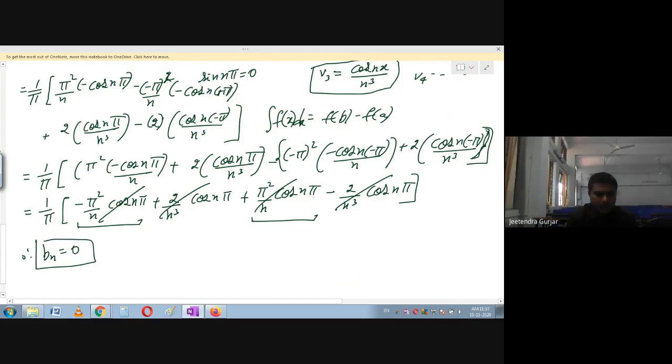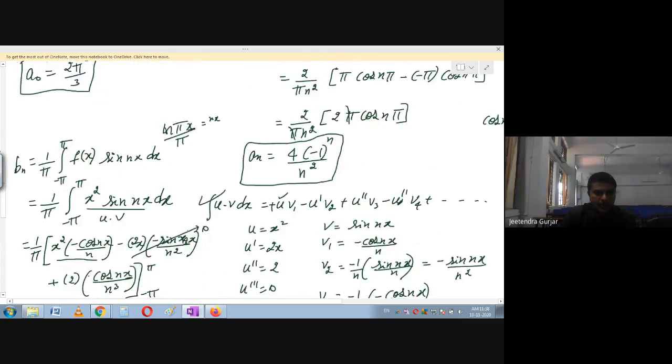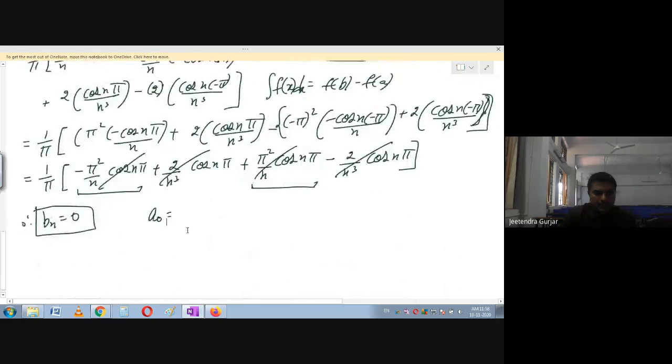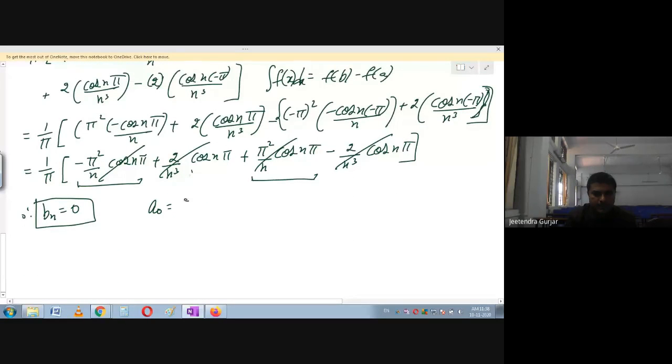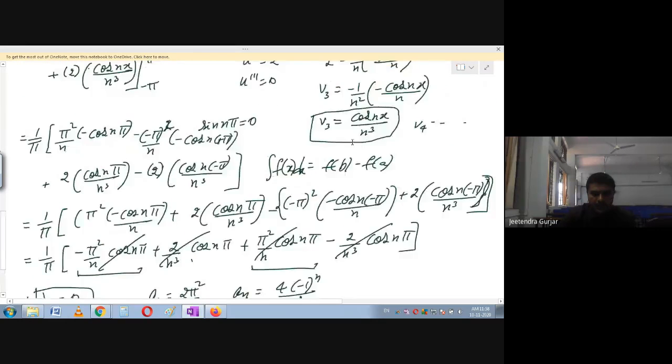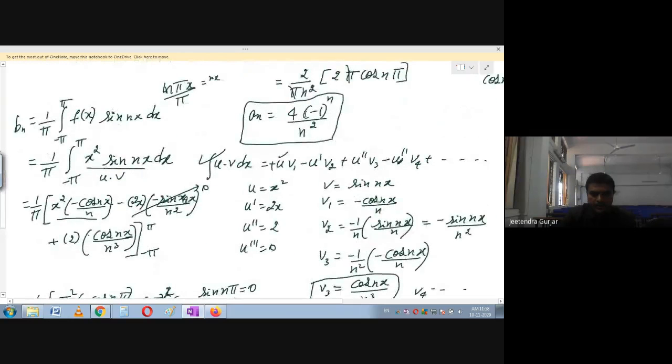So you have calculated a naught. So I will just rewrite once again. A naught is equal to 2 pi square upon 3. And an you have calculated here, that is 4 minus 1 raised to n upon n square.